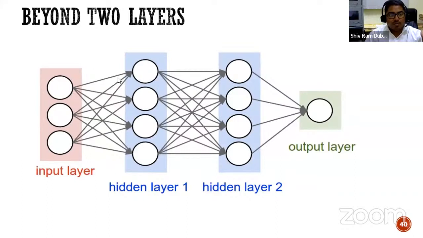For the first neuron we need 3 weights, and for the second, third, and fourth neurons also 3 weights each. So 3 into 4: we generate 12 random values, and we consider those 12 random values as the weights for these neurons, and do the computation accordingly.